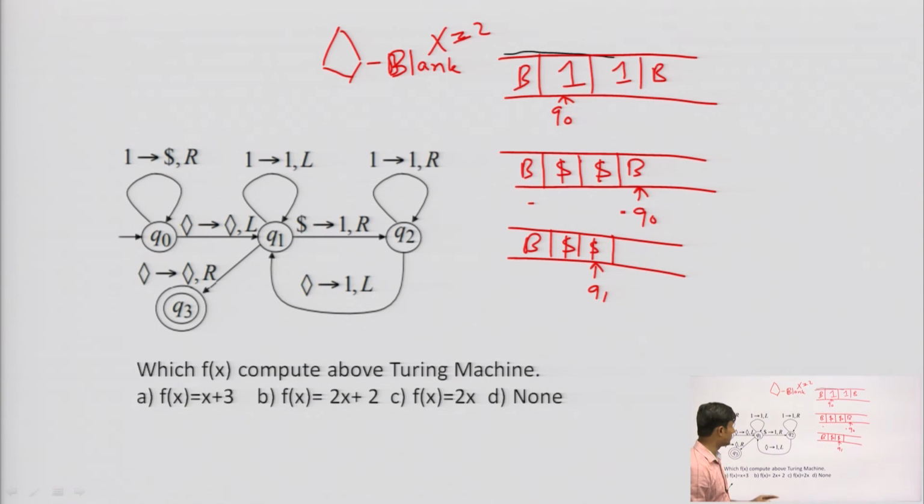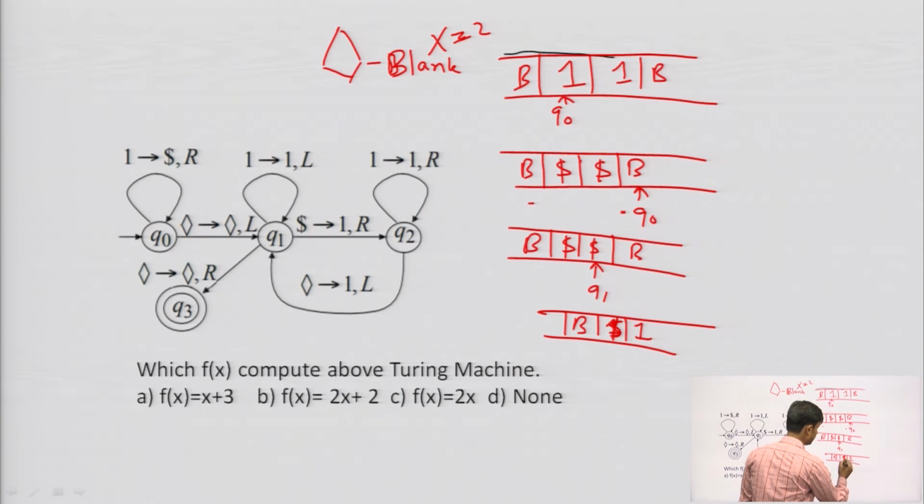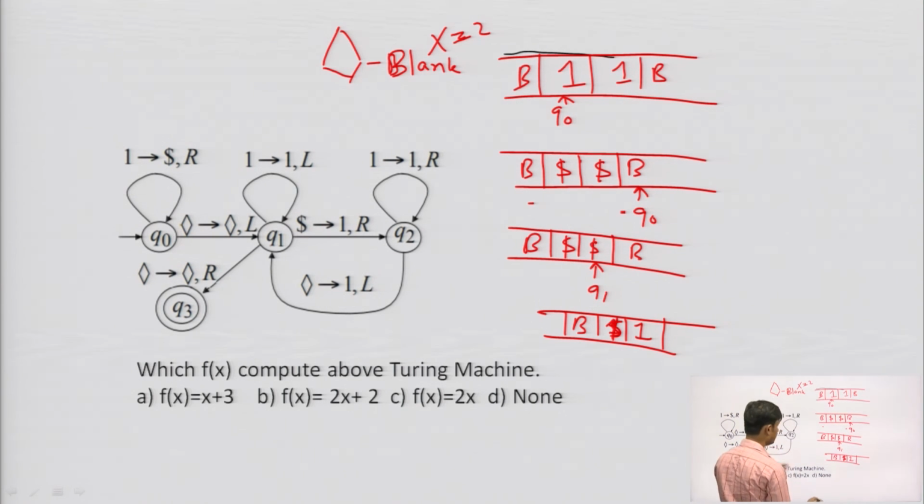When q1 points to dollar, this dollar will be replaced by 1 and you move right. So this is blank, then 1, dollar, 1, dollar, 1. When this dollar is replaced by 1, again move right.